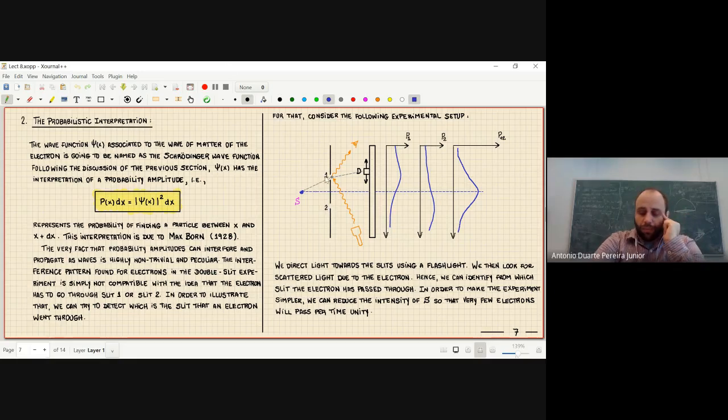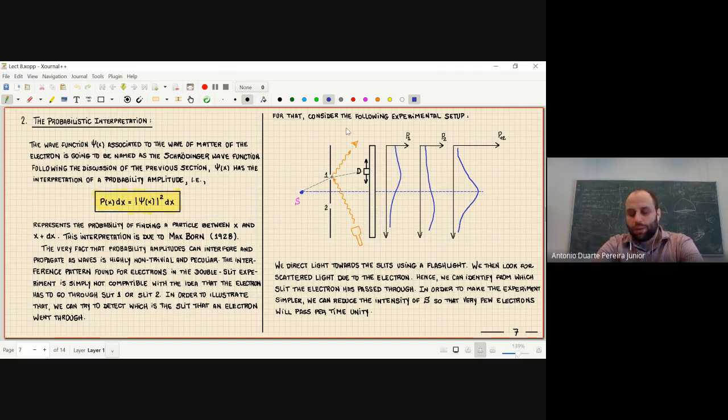So when you detect which slit the electron is coming from, for instance, by directing some radiation, light, towards the slit, the electron will interact with the photon that you send, and it will scatter radiation that you detect. So this is essentially the Compton scattering, as Mahmoud said, and you can tell if the scattered radiation is coming from slit 1 or from slit 2.